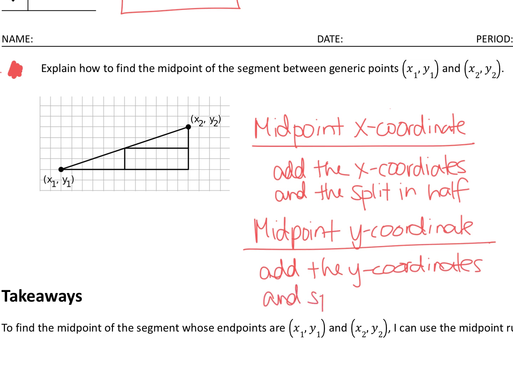Okay, so that's the thought process, even using no numbers, we're just completely generic.